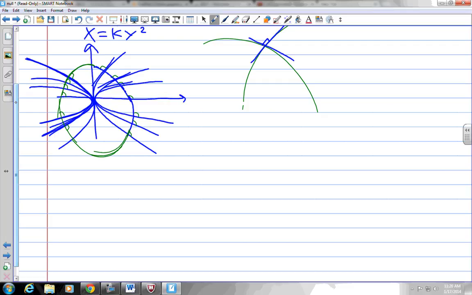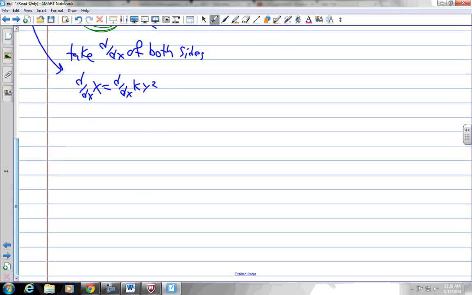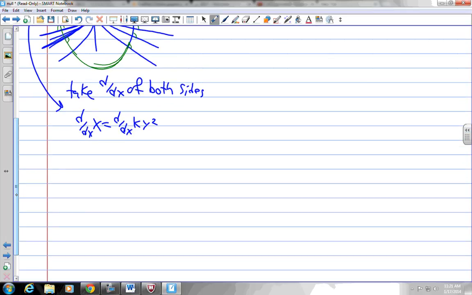Basically, again, we need a derivative. Right now our function is defined implicitly, and I can solve for y, but I don't feel like it. Take d/dx of both sides. What do I get on the left? 1.